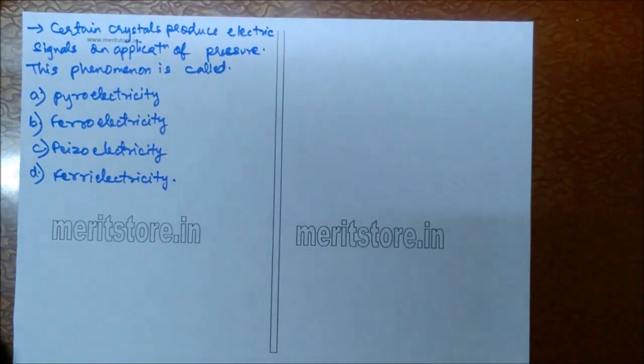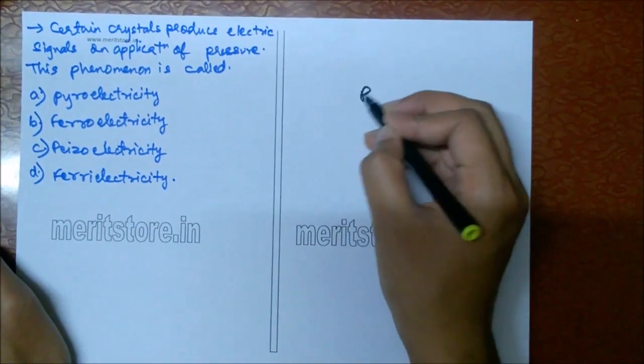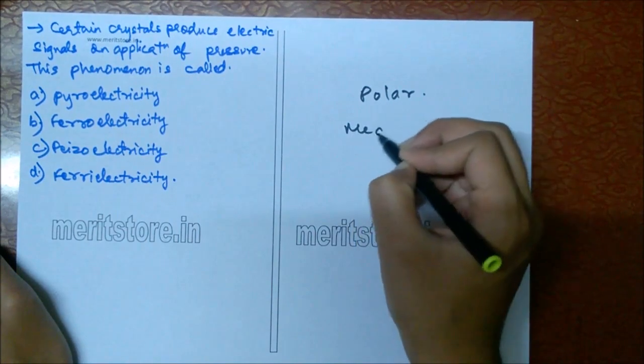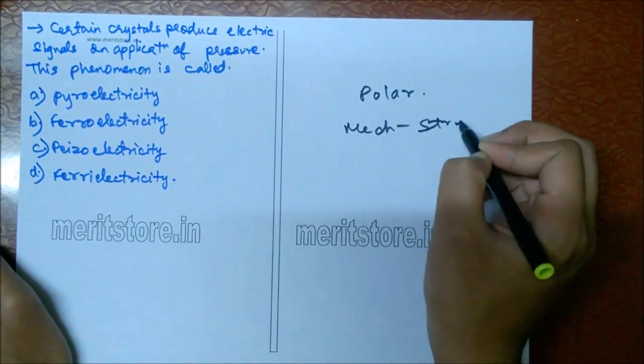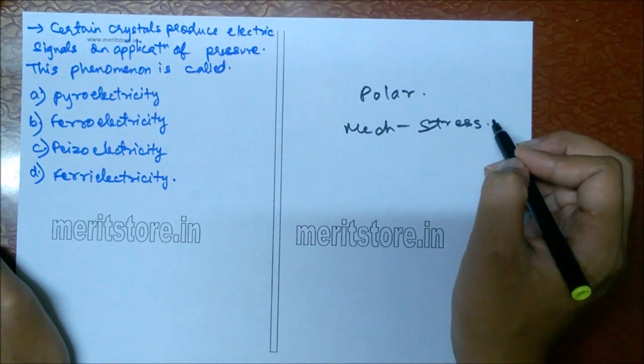Certain crystals produce electric signals on application of pressure. This phenomenon is known as A. Pyroelectricity, B. Ferroelectricity, C. Piezoelectricity, D. Ferroelectricity. When polar crystals are subjected to mechanical stress, electricity is produced. This is a case of piezoelectricity.